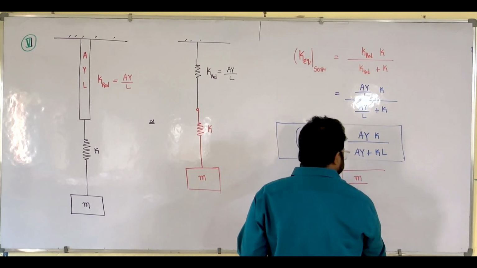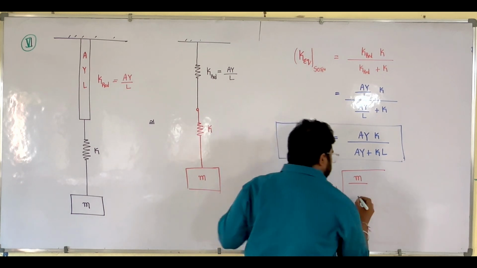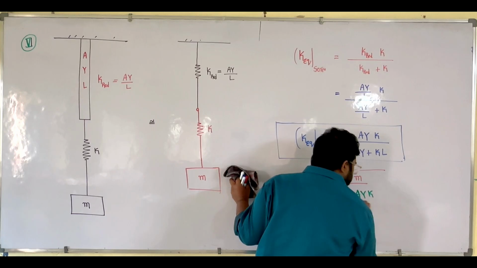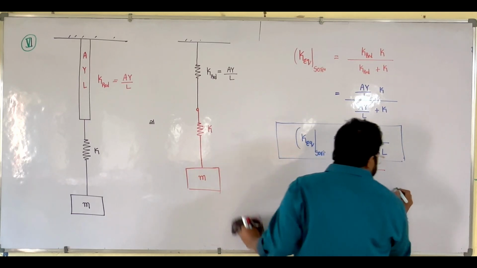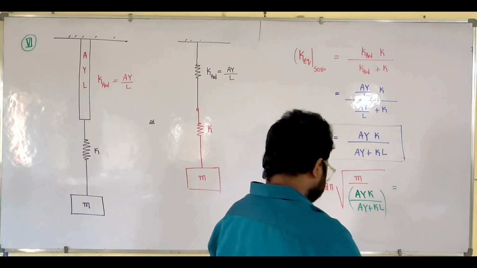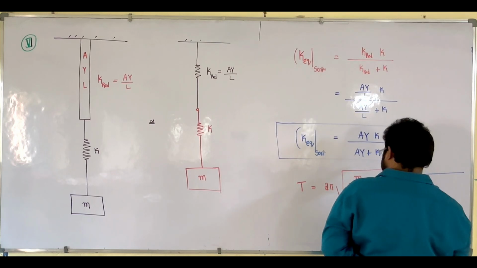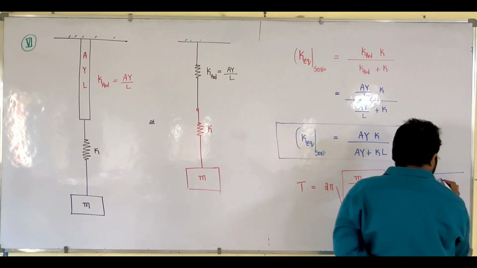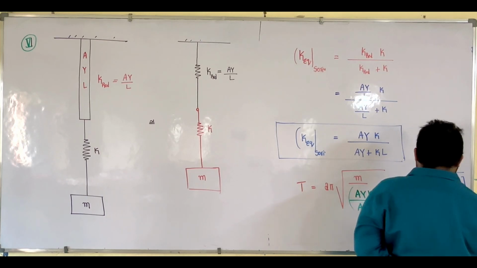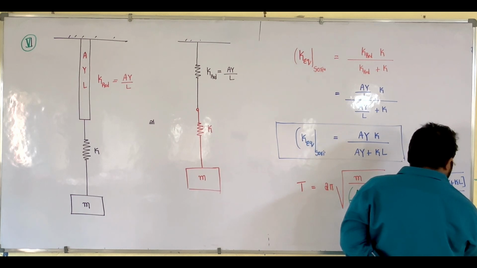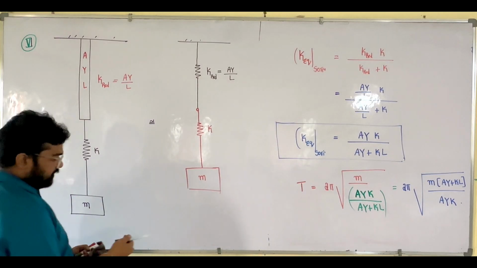That equals 2 pi square root of M into (A Y plus K L) by A Y K. Clear? So that is the time period of oscillation.